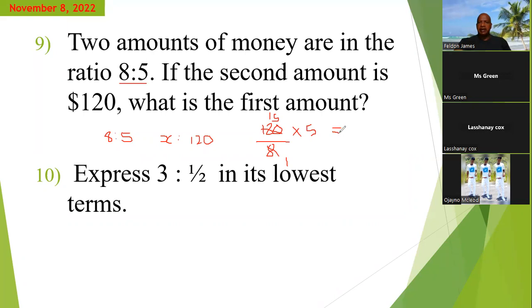All right, 75. So x will equal 75. 75 what? $75. All right, good. All right, thanks very much, Miss Cox. I see where your effort is paying off.